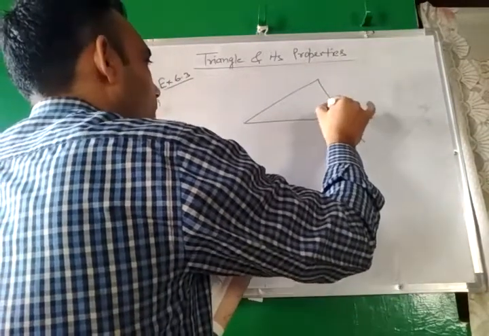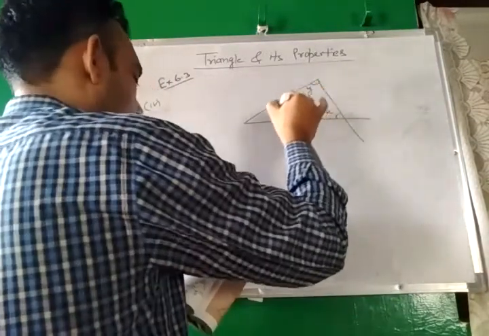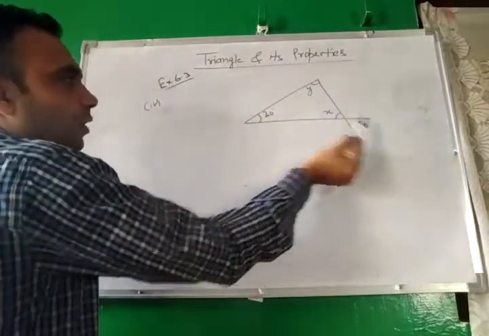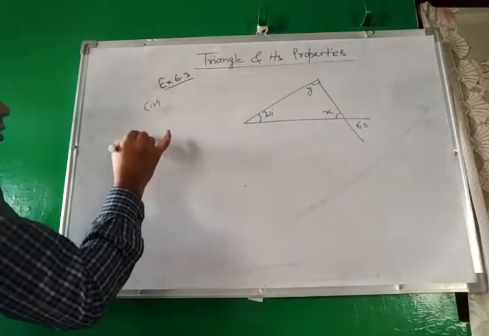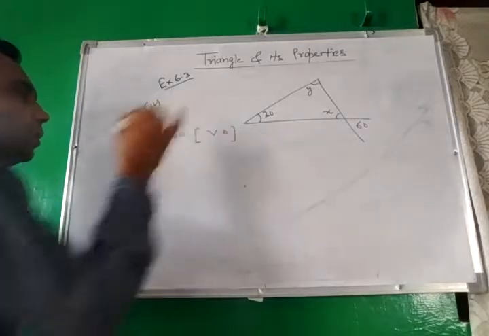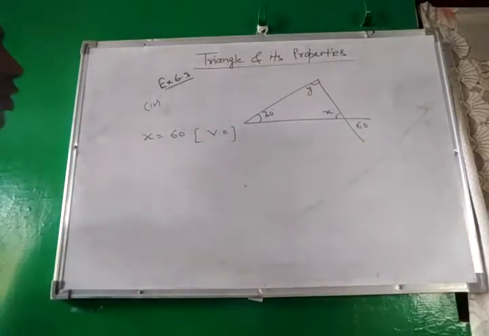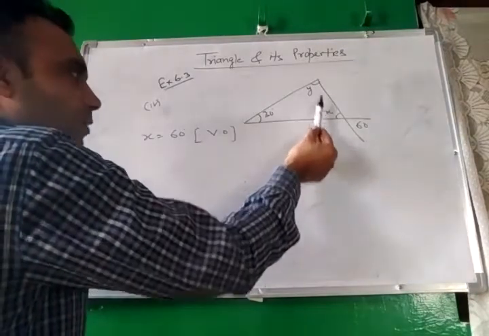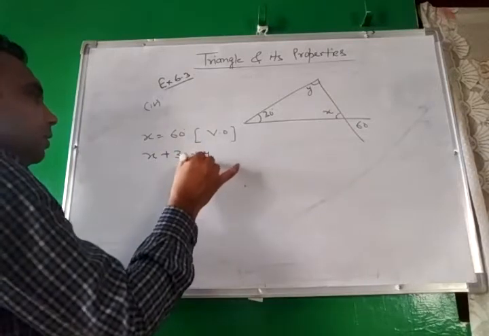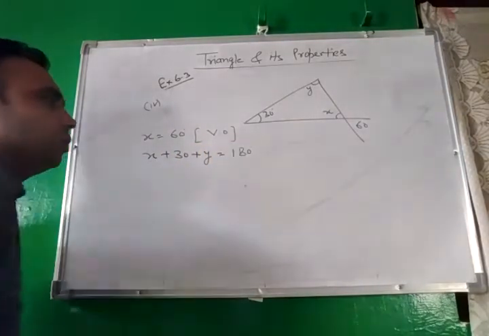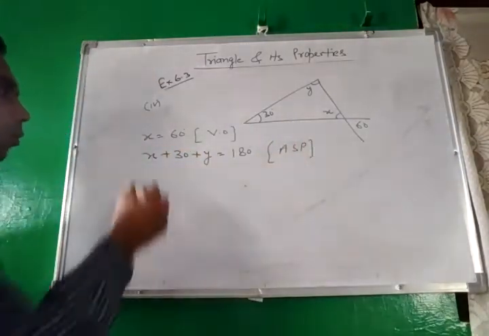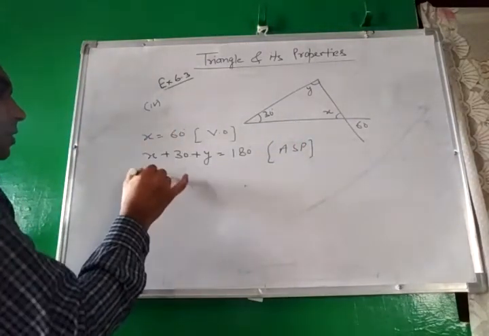This is x, this is y, this is 30 and this is 60. Simple. First, x is equal to 60 by vertically opposite angles. And now x plus y plus 30 is 180. x plus 30 plus y is equal to 180 by the angle sum property. So x is 60.